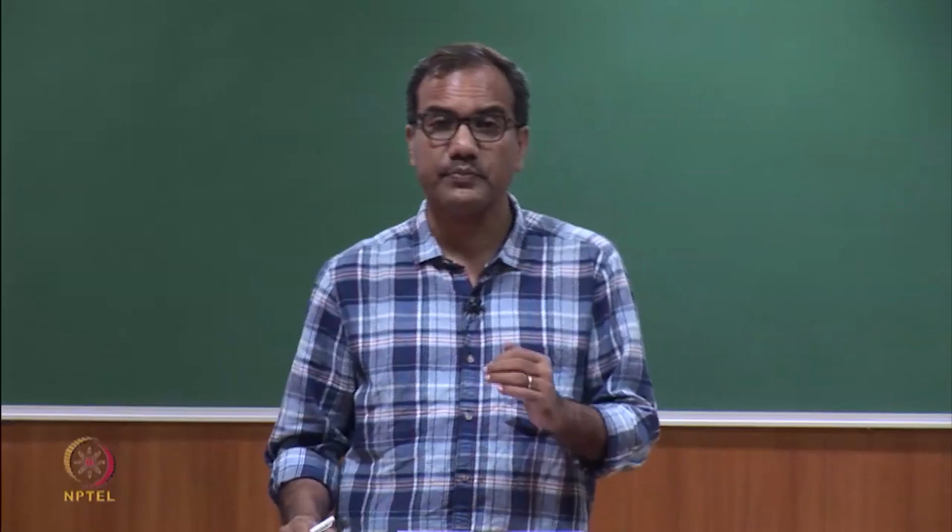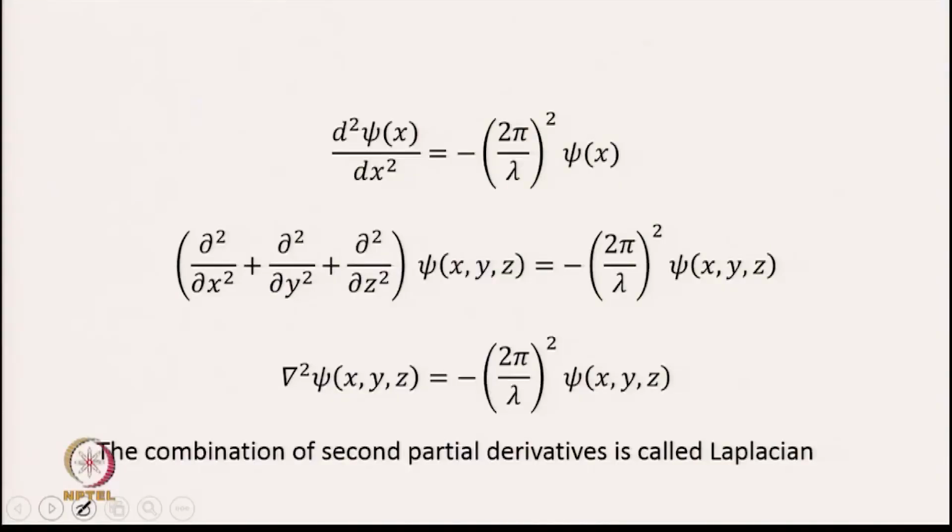Now, what next? At this point we are talking about one dimensional movement of the wave. This is the equation for an electron when the wave associated with the electron is moving in the x direction.